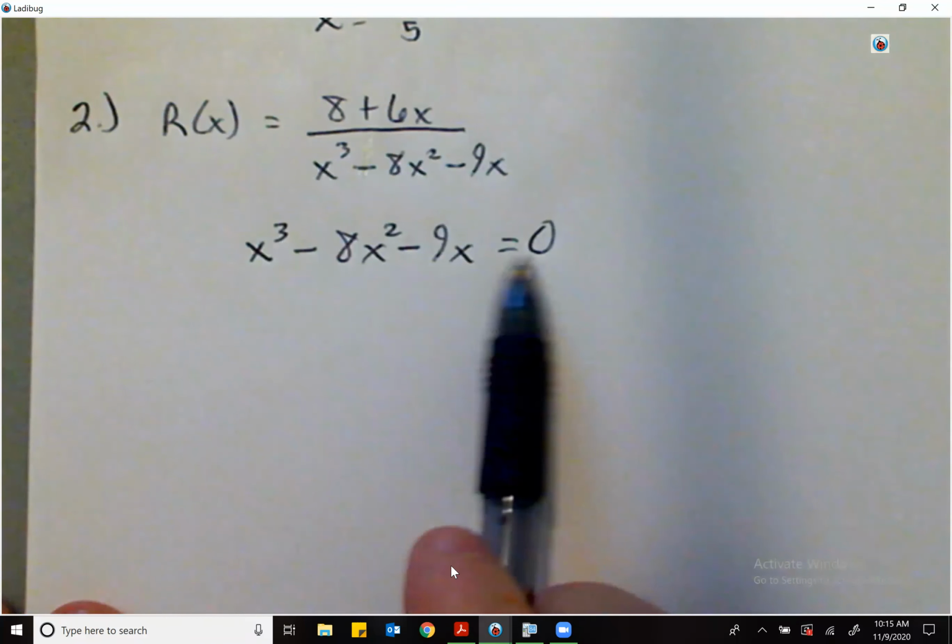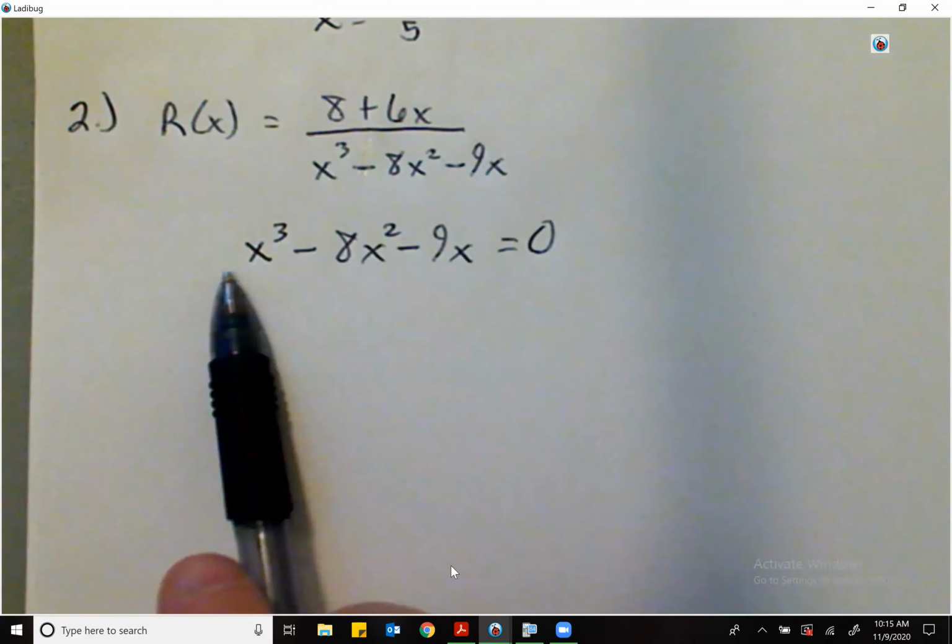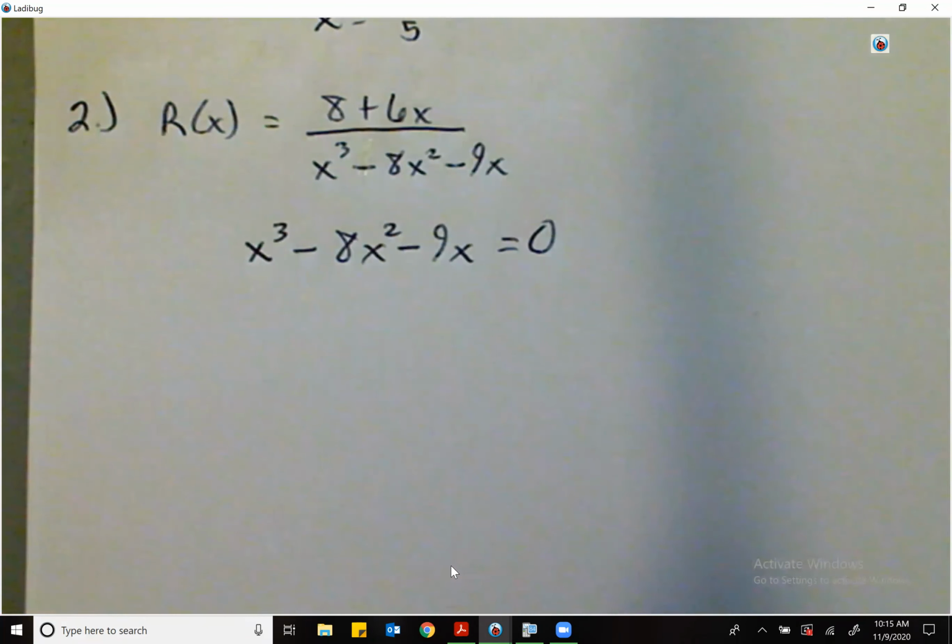So what do we have to do to this? We've got to factor it. What's the first thing we're going to do to factor this? Look for the GCF.